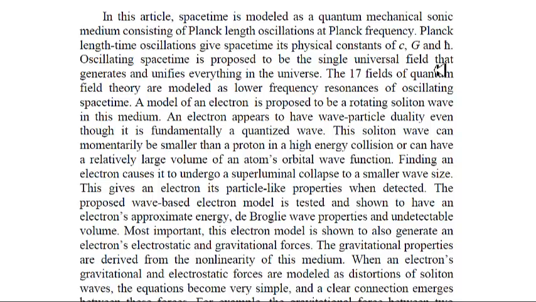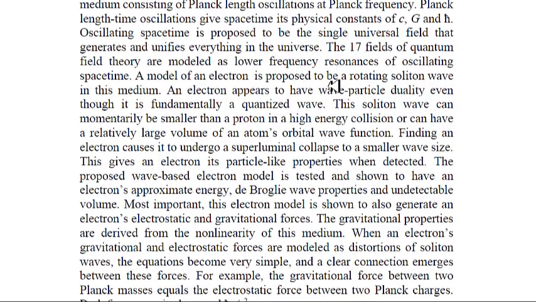"Oscillating space-time is proposed to be the single universal field that generates and unifies everything in the universe. The 17 fields of quantum field theory are modeled as lower frequency resonances of oscillating space-time," so lower than Planck frequency. "A model of an electron is proposed to be a rotating soliton wave in this medium.